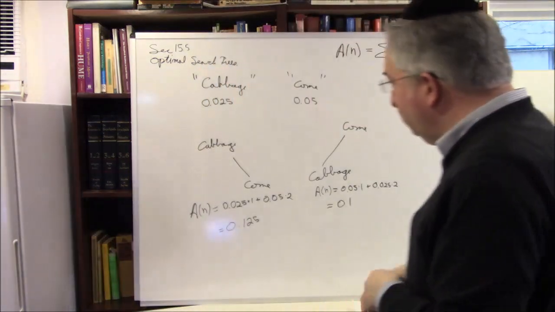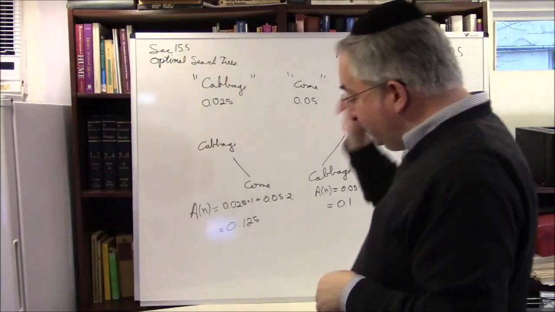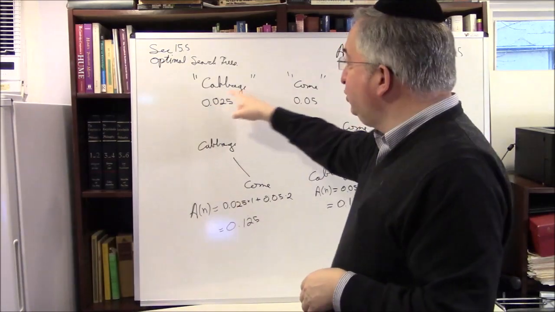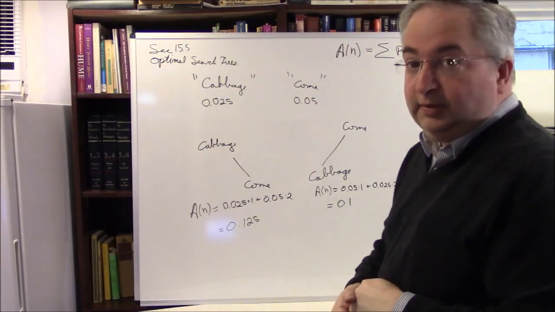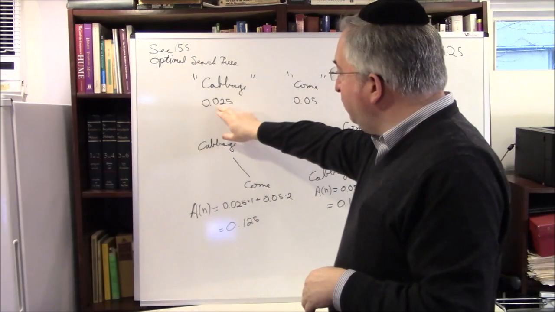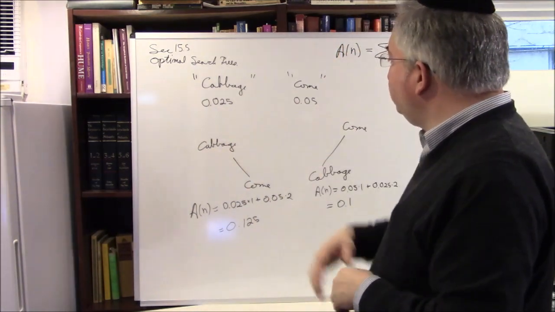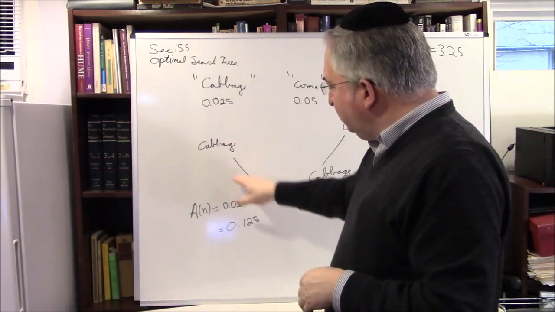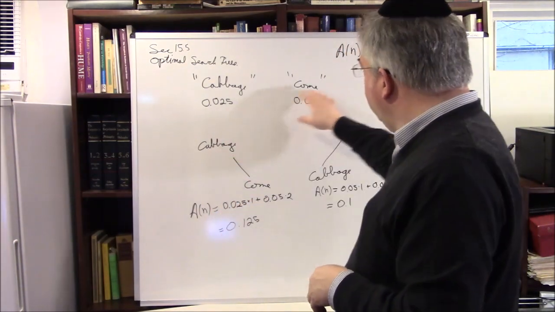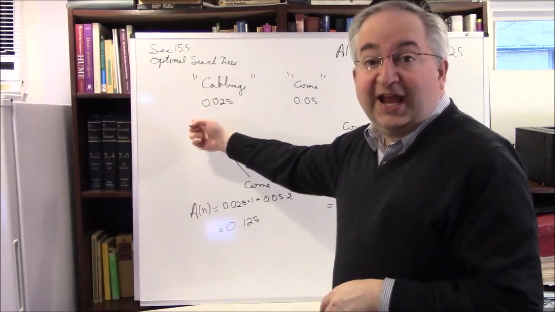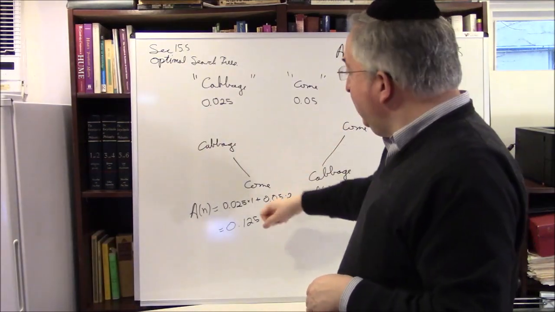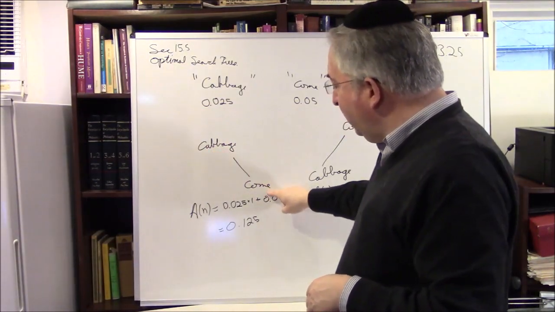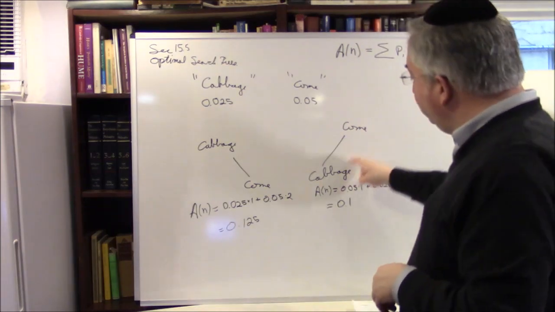Okay, so let's deal with this little problem. Instead of 16 words, let's deal with 2 words, cabbage and cum. Cabbage shows up 0.025 times, cum shows up 0.05 times. The average amount of work here: cabbage comes before cum, so you're going to have cabbage and then cum, or you can have cum and then cabbage.